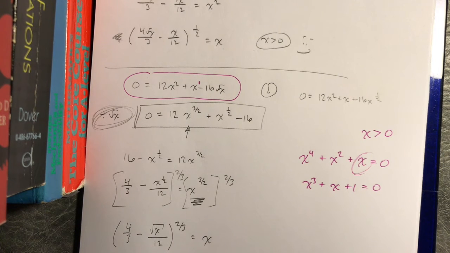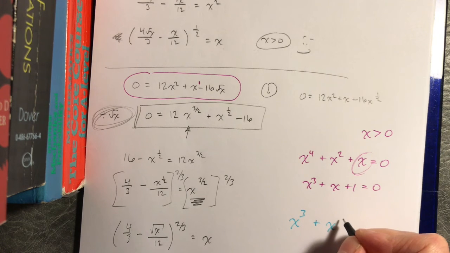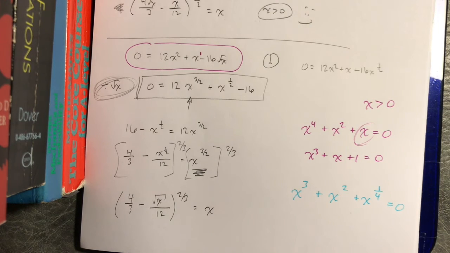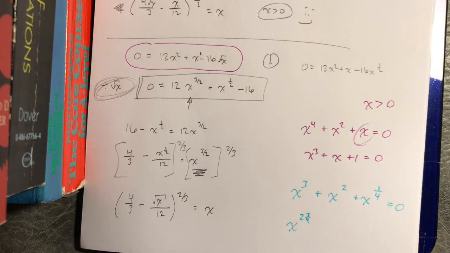If you had, where's my blue? If you had an equation that went something like x cubed plus x squared plus x to the 1/4 equals 0, that is our littlest power, so why not divide through by x to the 1/4? x to the 2 3/4, you can work that mixed number out, x to the 1 3/4 plus 1 equals 0.